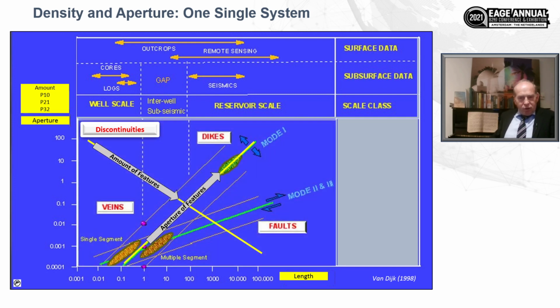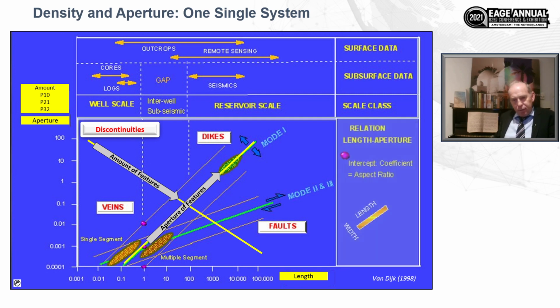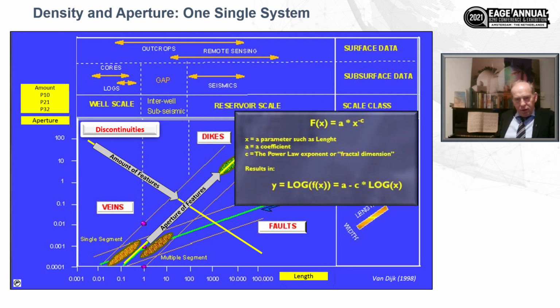If we look at the data presented in literature, we see that on the small scale, the veins correlate with dikes, showing mode 1 opening, whereas single and multiple segment veins correlate with faults, showing mode 2 and mode 3 displacements. In mathematical terms, this can be expressed in power law, fractal, or more in general, exponential functions.